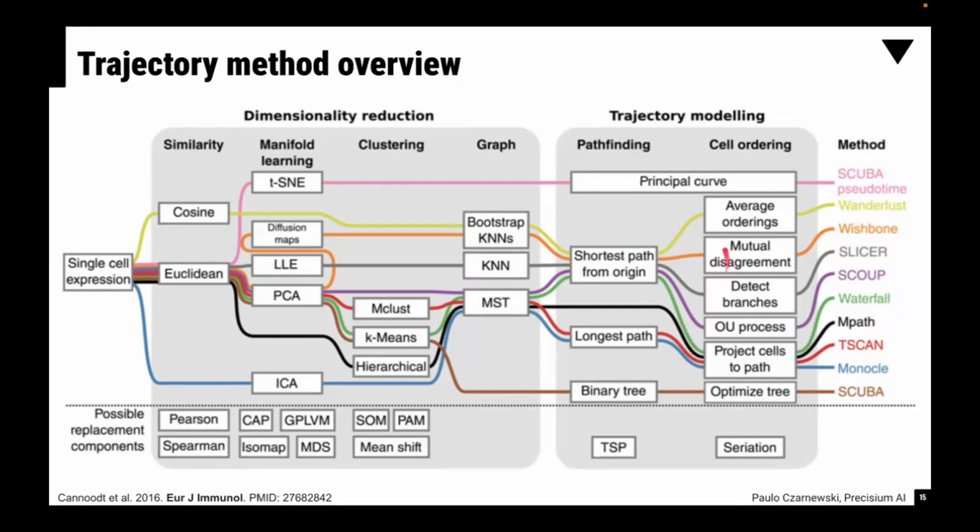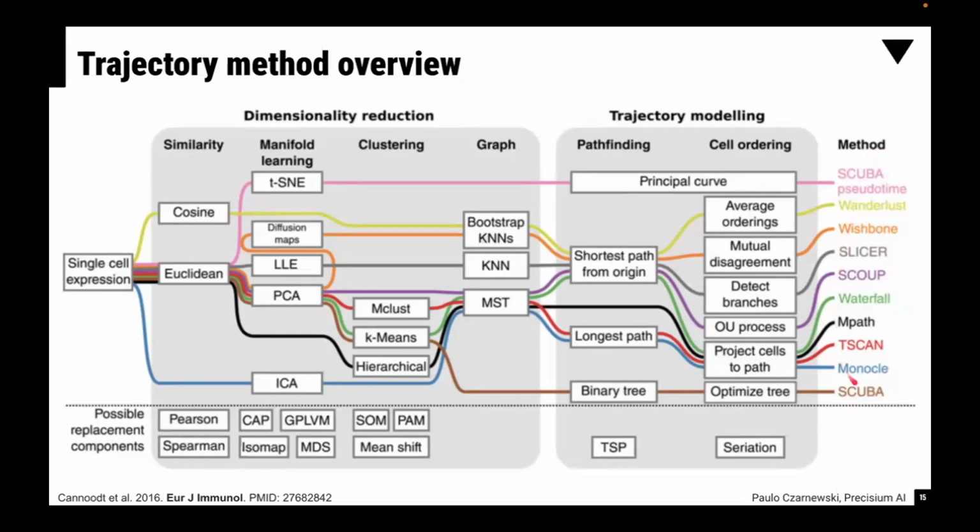From that, you then do the ordering or calculation of the pseudotime. In many cases, this is just the distance of every other cell in your data set to the original cell type, for example the original stem cell that you're marking, let's say the CD34 positive cells in the bone marrow. That's basically an overview of some of the methods.